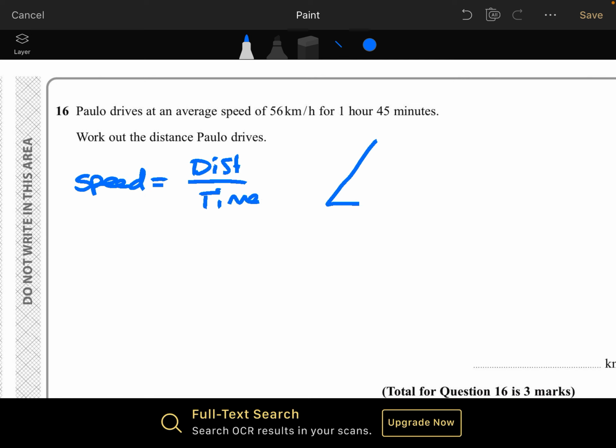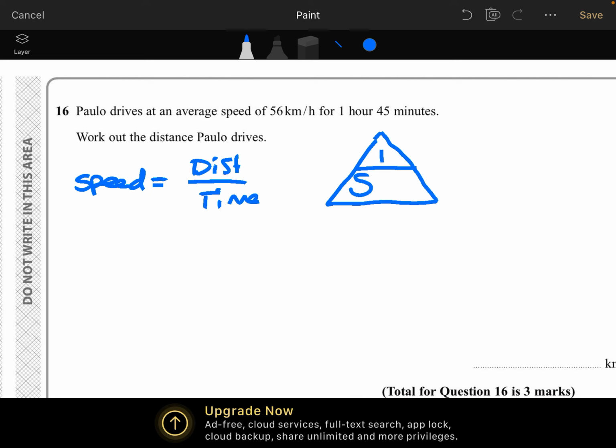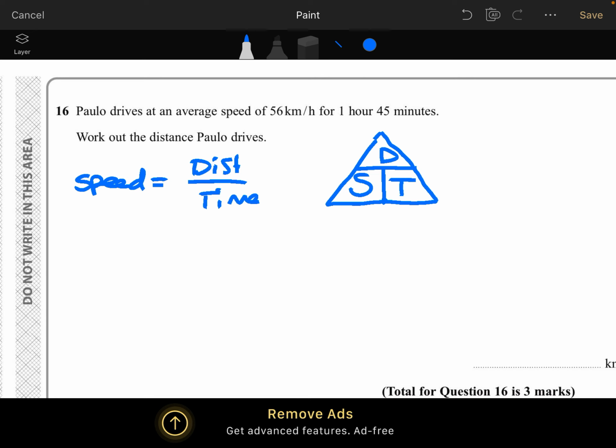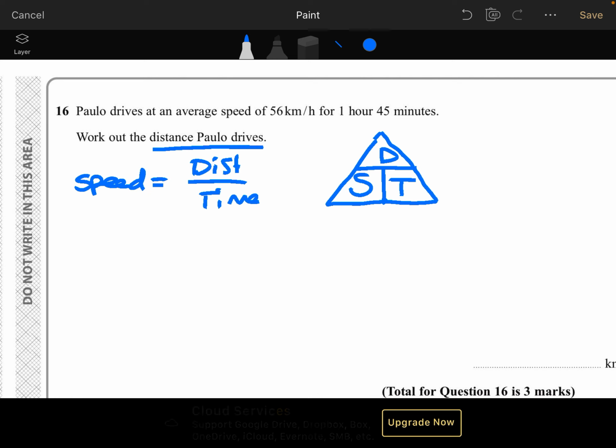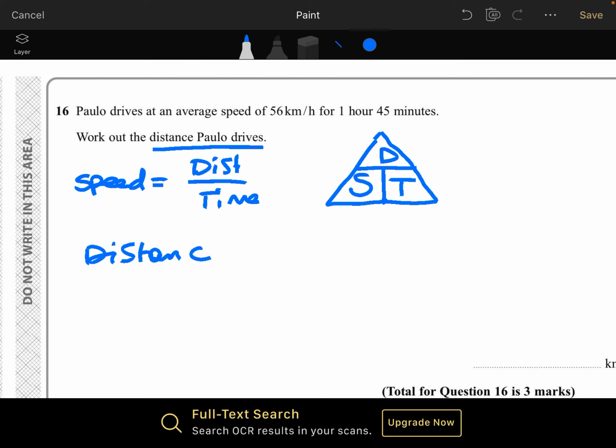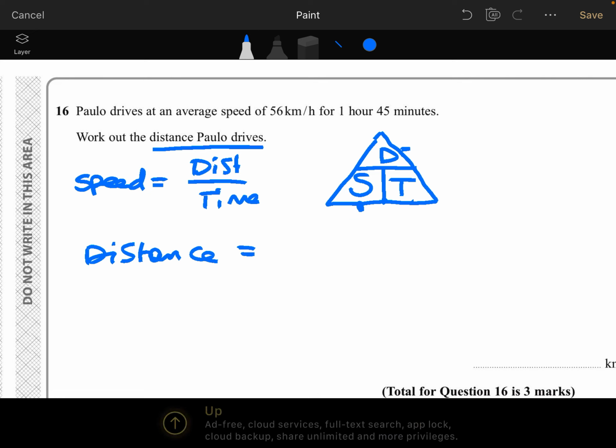You may have used a triangle in the past. That speed is equal to distance over time, and we don't want to work out the speed, we want to work out the distance. So from the triangle, or by rearranging the equation, we've got distance is equal to speed times by time.